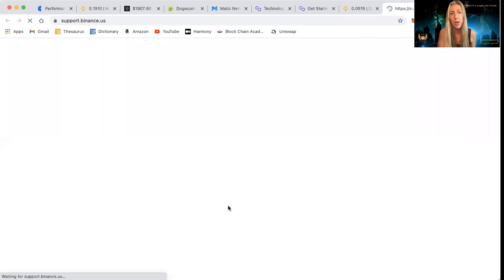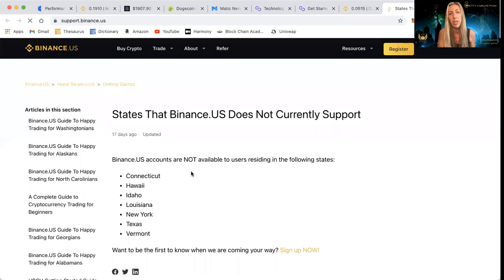So see available states in the US, and I think this is important. If you are in Connecticut, Hawaii, Idaho, Louisiana, New York, Texas, or Vermont, then you cannot. Look, they've put in caps, NOT available to those users in the States.